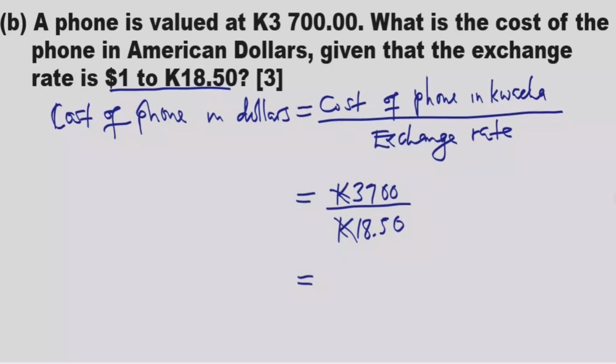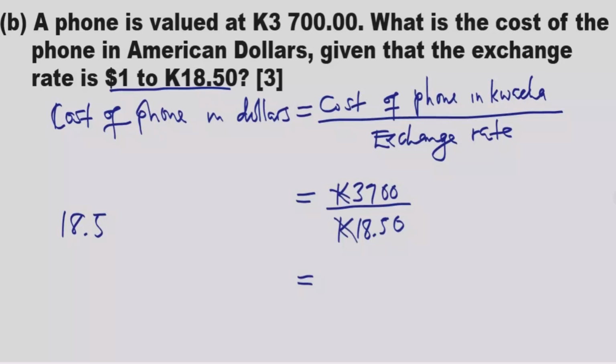Okay, so you should understand that 18.5 will go twice into 37. Again you should also understand that 18 kwacha 50 ngwe is the same as 18.5.